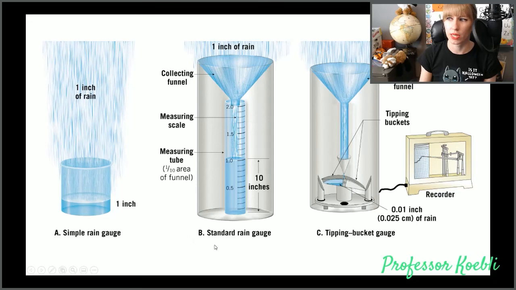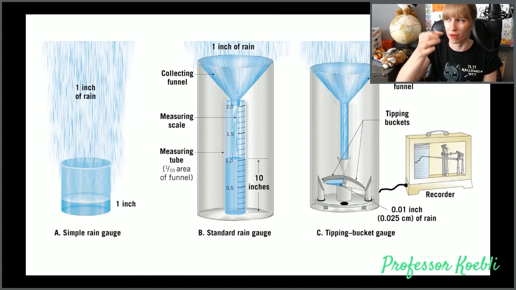Then we get to our standard rain gauge, where you're going to have a tube with a funnel on top, and then in here is going to be more like a graduated cylinder where it'll measure how many inches of rain you get in one spot. And then we have the heated collecting funnel, or the tipping bucket gauge, where you're going to have a heated funnel to make sure nothing freezes.